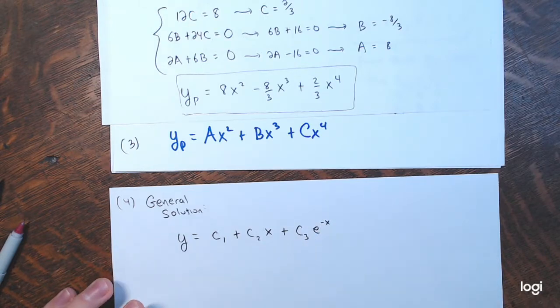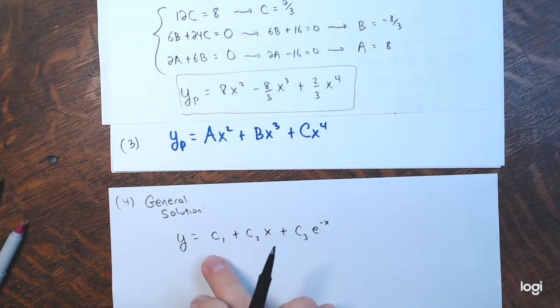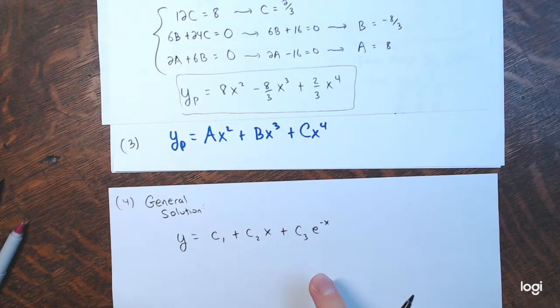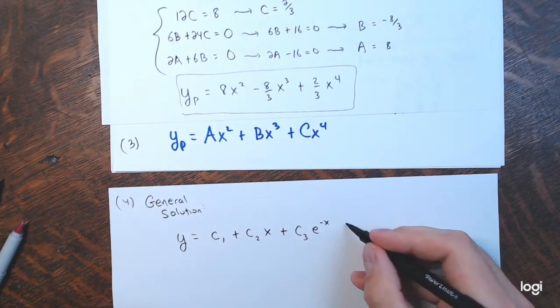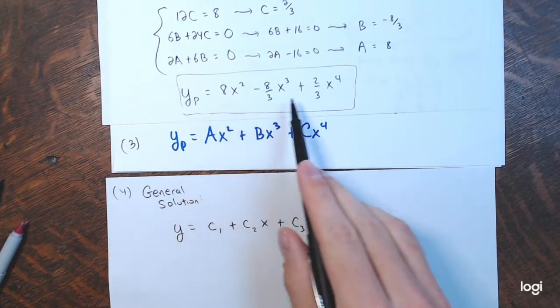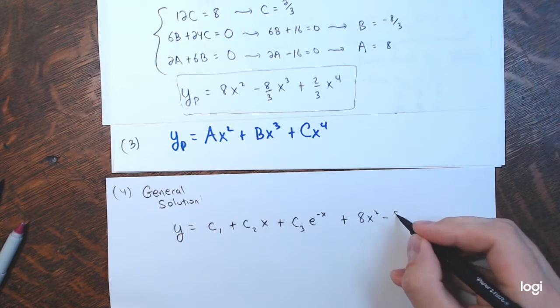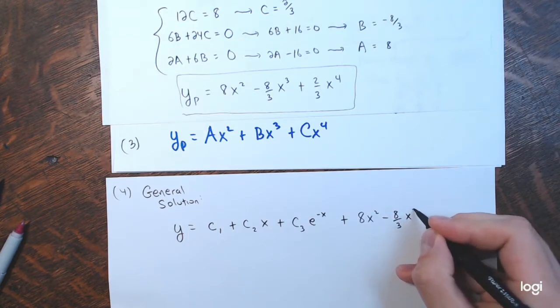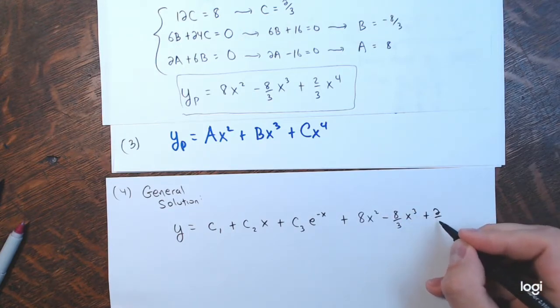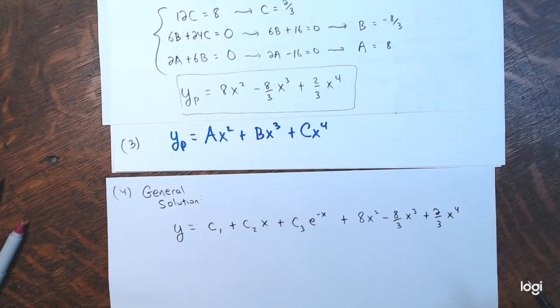Right, there was the complementary function, and this is for any constants c1, c2, and c3, plus our particular solution 8x squared minus 8/3 x cubed plus 2/3 x to the fourth.